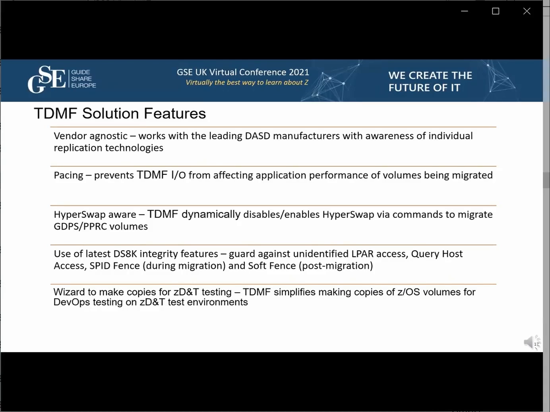We support the query host access. We provide SPID fencing during the migration and soft fencing post-migration. And we also provide a wizard that can make copies for ZD&T testing. TDMF will basically copy your z/OS volumes to your DevOps testing on the ZD&T test environments.